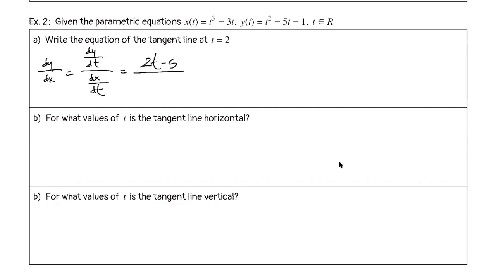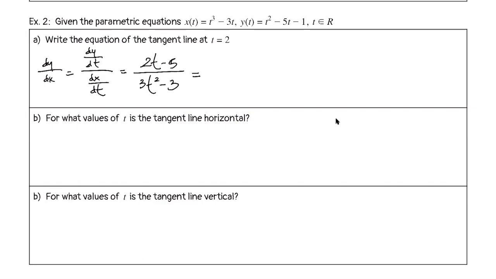And what do we get when we take the derivative of the x? 3t squared minus 3. Perfect. So we've got 3t squared minus 3 in the denominator.